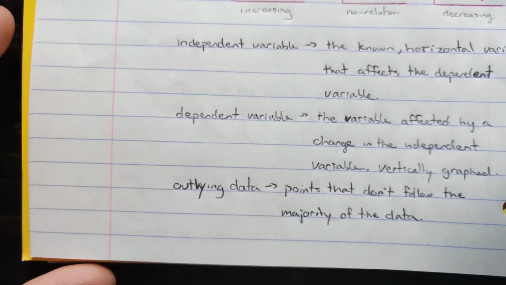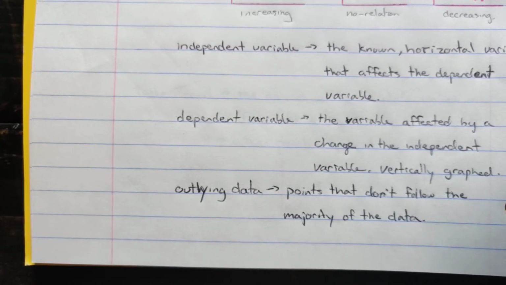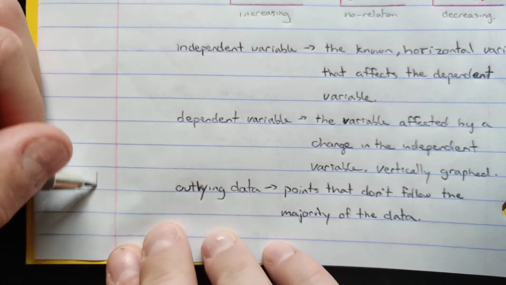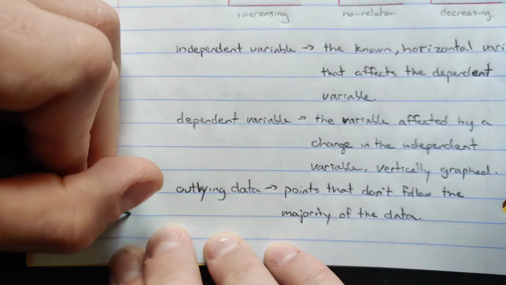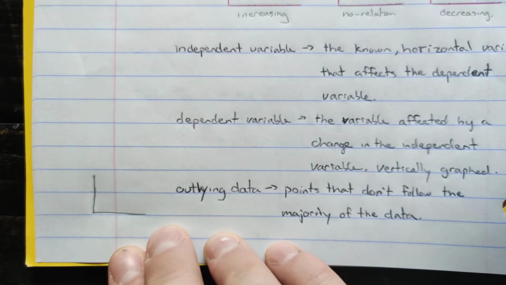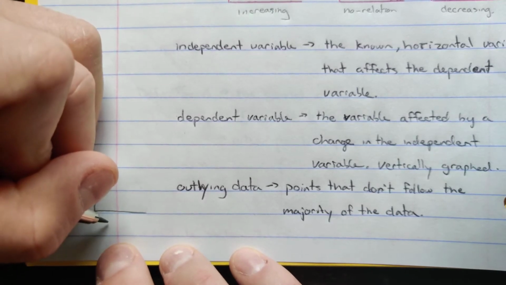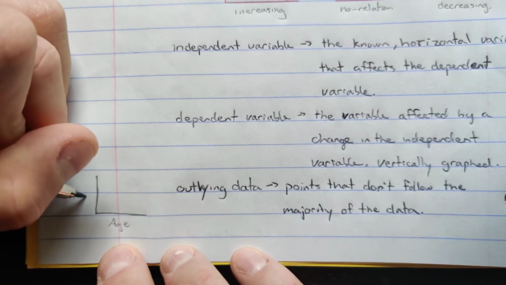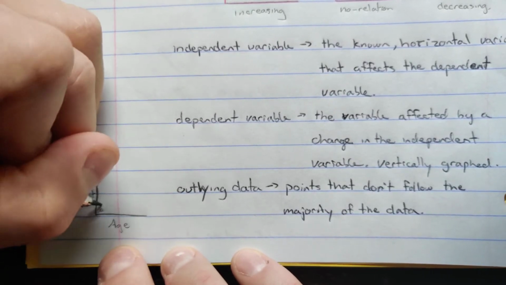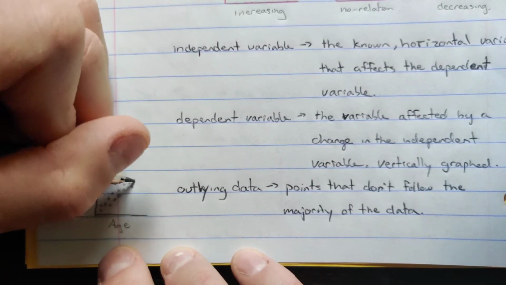Outlier data is another concept. There's times where there's points that just don't fit the general layout of the data. So we'll go back to our ages and height here. In general, you'll have your points that kind of go up in a fairly linear fashion.